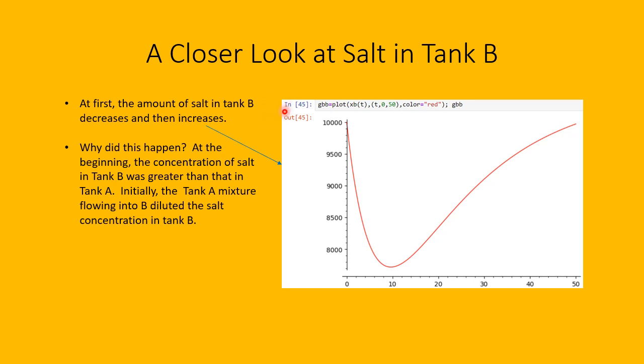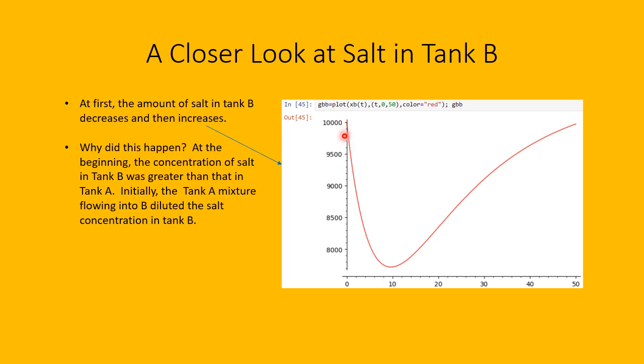Here's an expanded time graph of x sub B of t. Here t just goes from 0 through 50, whereas on the other graph it went up to about 1,000, I think, on the horizontal axis.